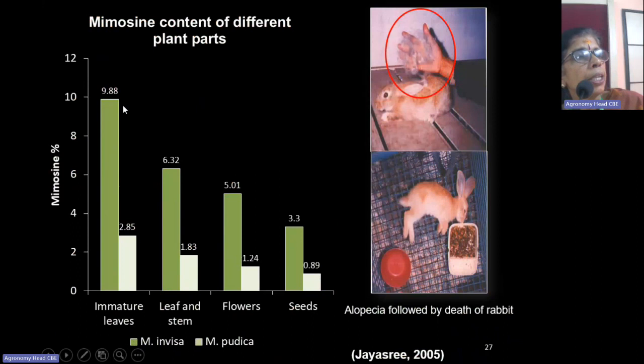You see that mimosine content is very high in immature leaves, followed by leaf and stem, flower, and seeds having the lowest content. Usually the immature leaves and stems are consumed by animals, which can lead to mimosine toxicity and death of animals.